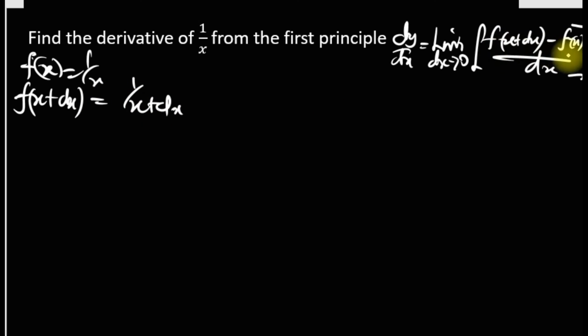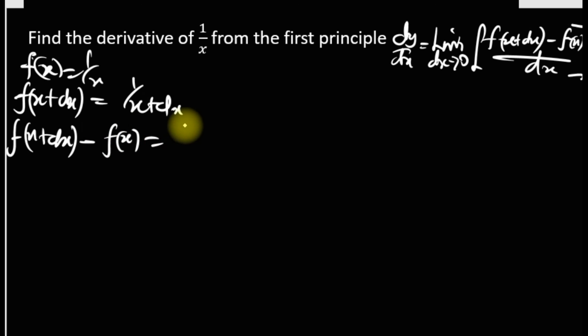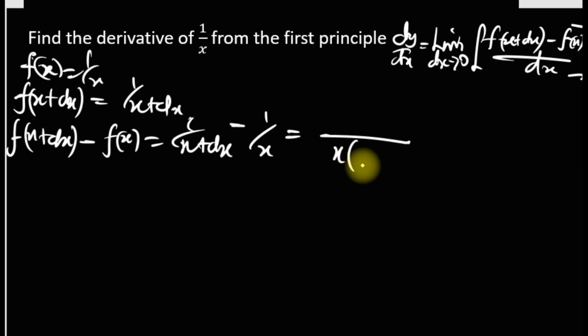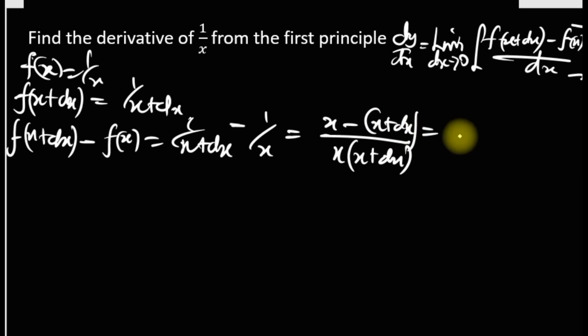So we subtract: f of x plus dx minus f of x is 1 over x plus dx minus 1 over x. Taking the LCM, x times x plus dx, we have x minus x plus dx, so we are left with minus dx over x times x plus dx.